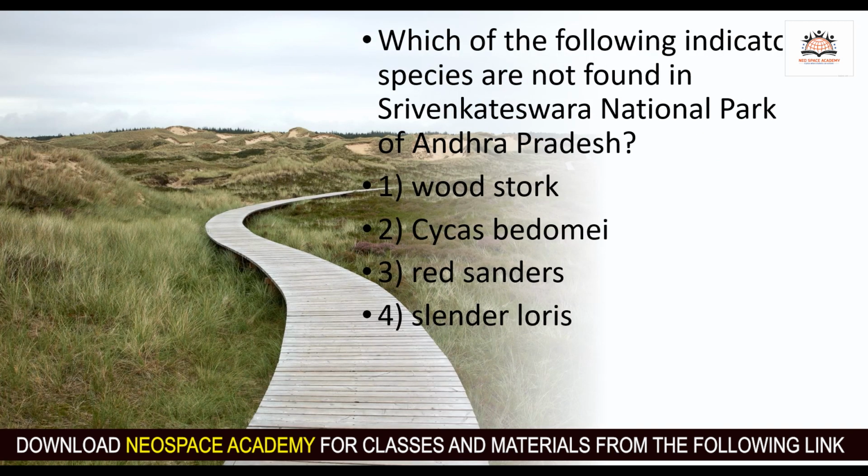The next question is, which of the following indicator species are not found in Sri Venkateswara National Park? Now, the previous question was about physical geography. Physical geography deals with continents, climate, oceanography, mountains, grasslands, all these aspects.